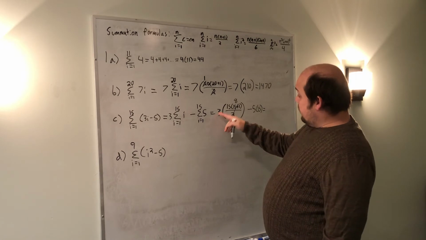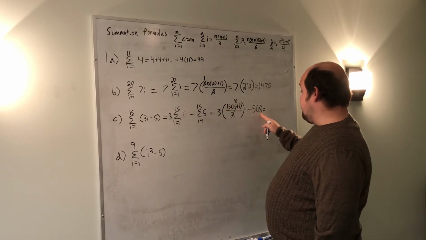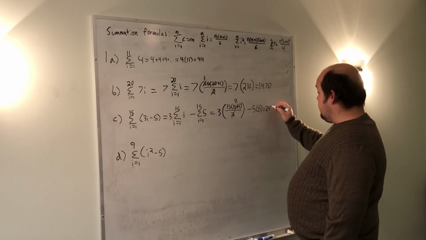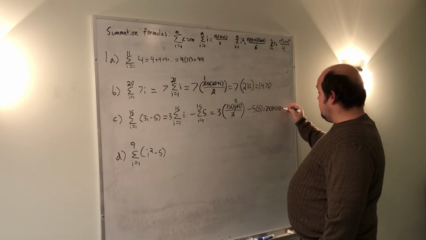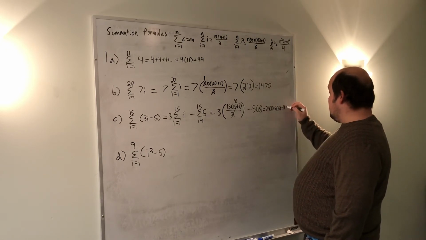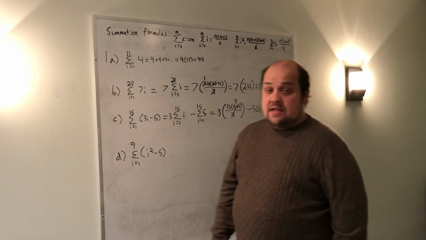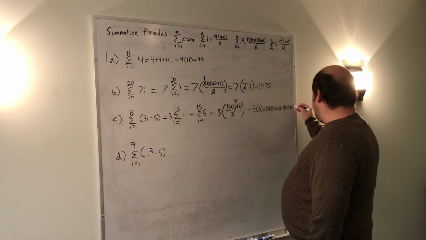So here I have 3 times 8 times 15 minus 5 times 15. So really, that's 24 times 15 minus 5 times 15, which gives me 19 times 15. If I put that in my calculator, 19 times 15 should give me 285.